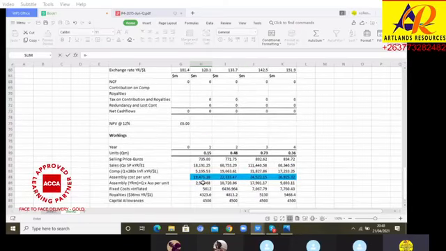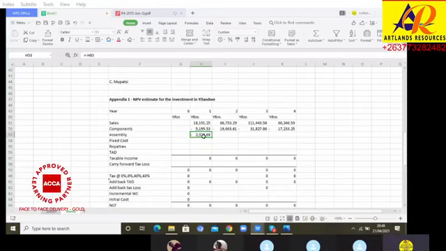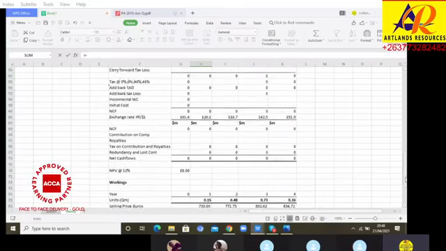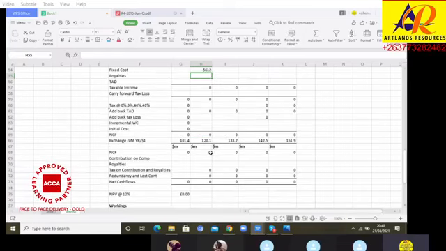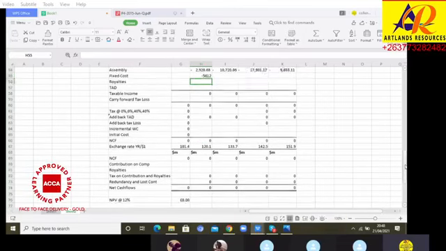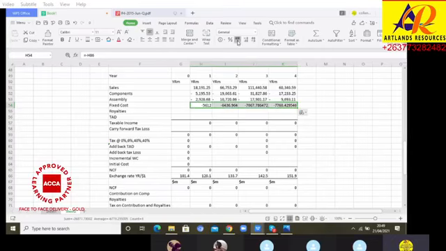I come here and take assembly in rand millions, not per unit, like that. After getting it, I drag it like that. Fixed costs equals minus. Why minus? Because I'm taking the cost. Enter. The reason why my workings are ordered like this, like how I've put it, is to avoid confusion. Is to make sure that I won't be confused.